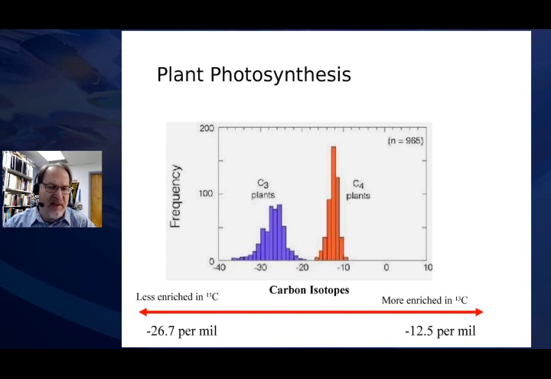So if you're a totally C3 consumer or C4 consumer, that would be really clear as measured in your tissues. If you're eating a combination of both C3 and C4, which most societies who eat C4 would be eating some of both, the values will fall somewhere in between. And you can estimate approximately what percent of the diet is coming from C3 versus C4 pathways.